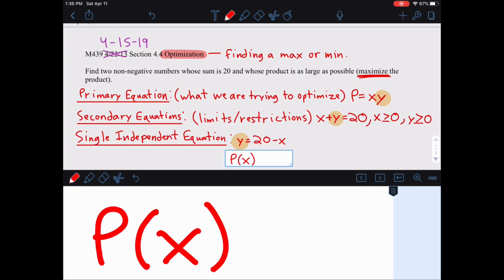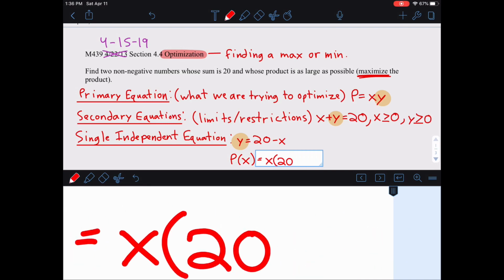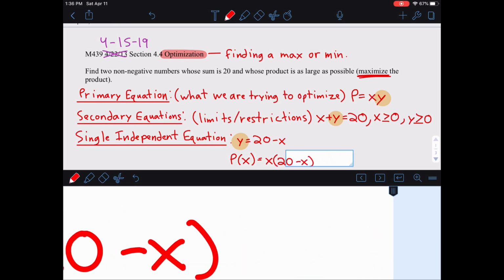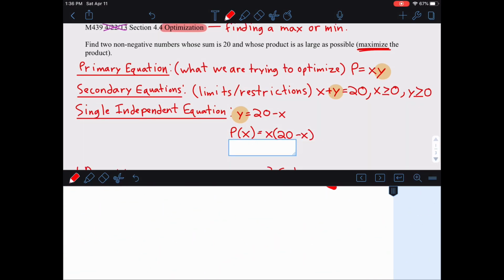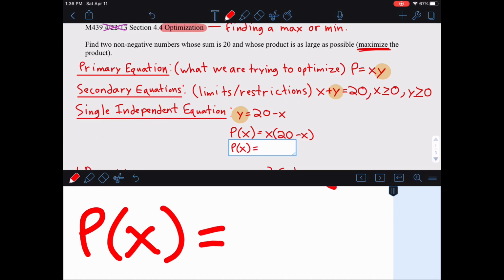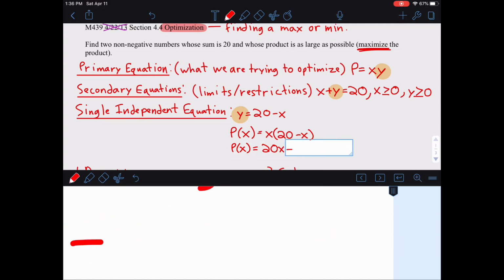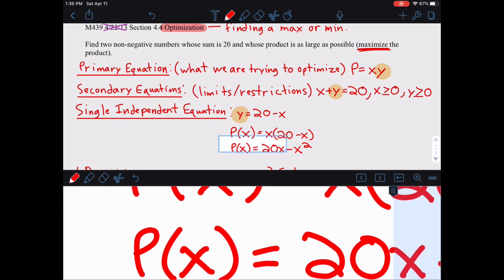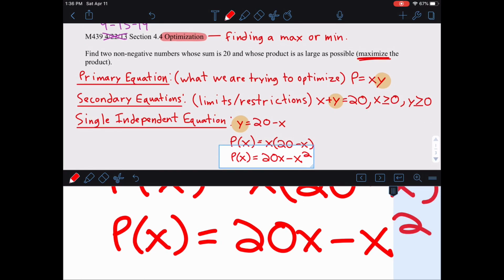P is now going to be a function of just x because it is going to be x times the quantity 20 minus x. And now, to make our work a little bit easier, I'm going to go ahead and distribute here. So I get 20x minus x squared. And this is my single independent equation.